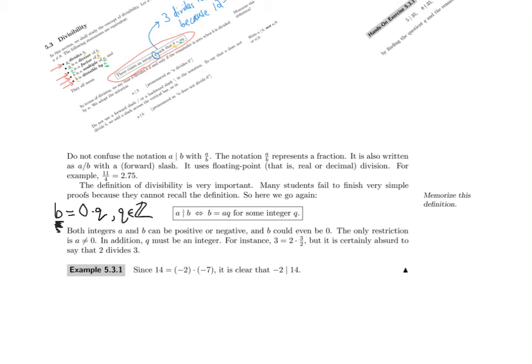I guess technically by this definition it's true, but in fact 0 is equal to 0q for all q in Z, which is weird. It's not consistent with this definition, but we'll leave that alone for right now. And we'll focus on some examples that are a little bit easier to understand.